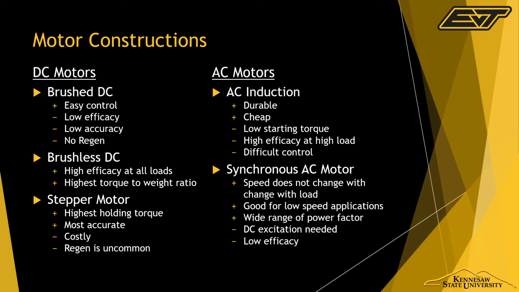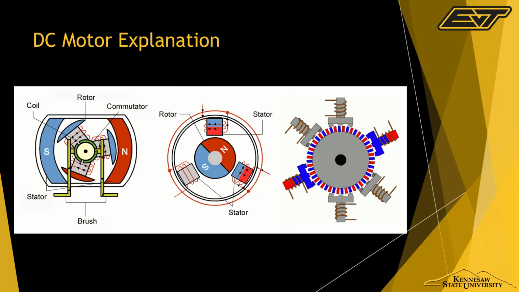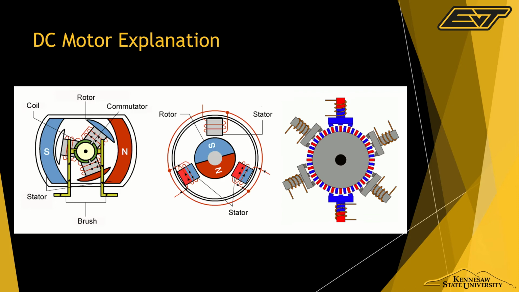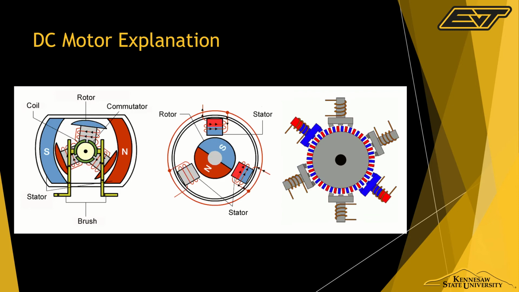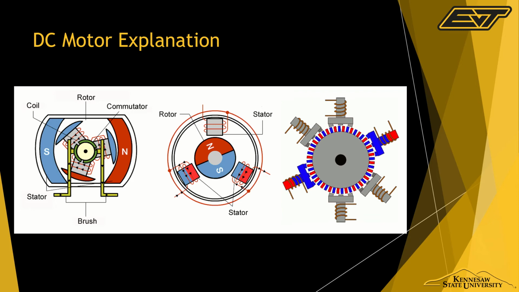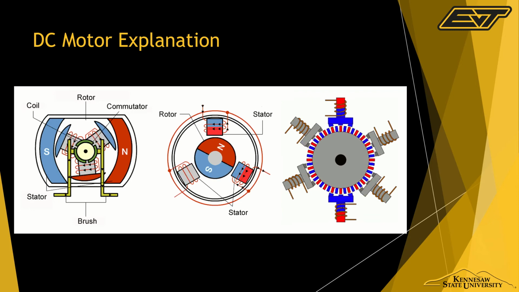Because the poles of the motor are always set on those commutators and brushes, you're not able to do reverse current through that.